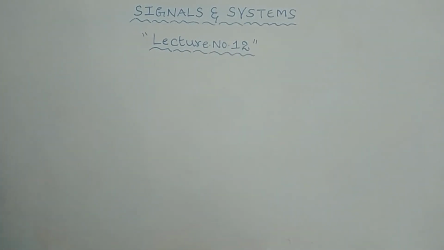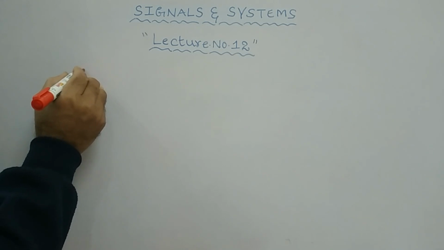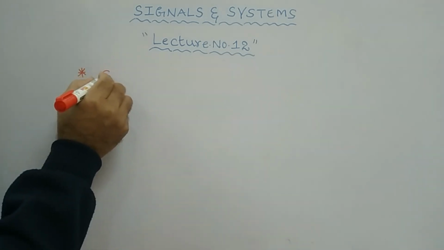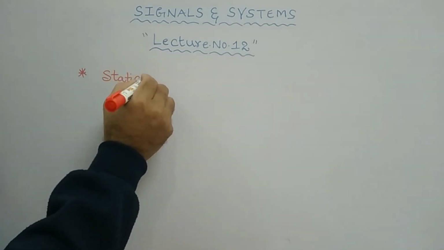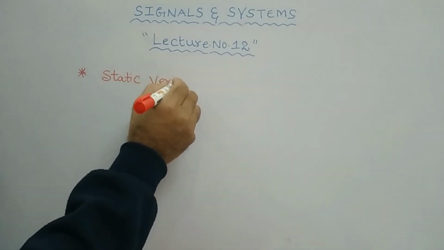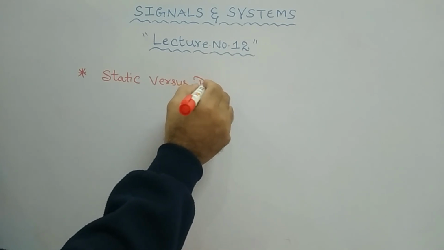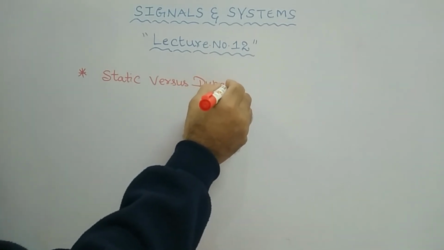Static system. The first classification is static versus dynamic.